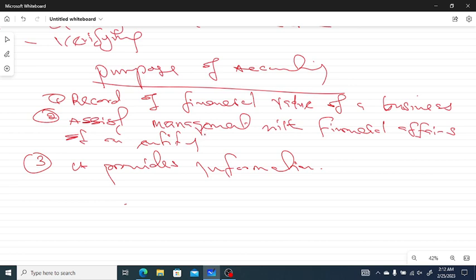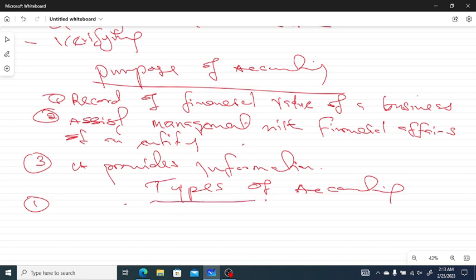And we are now going to look at the types of accounting. One, we have financial accounting.